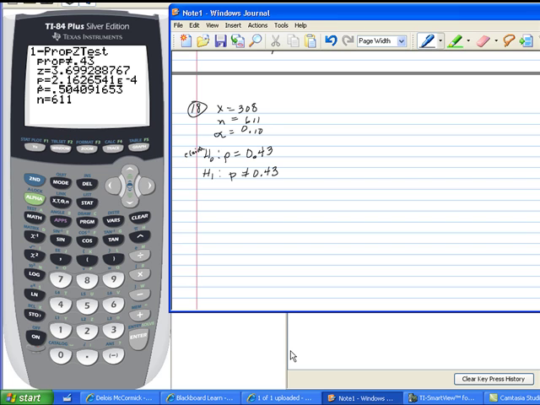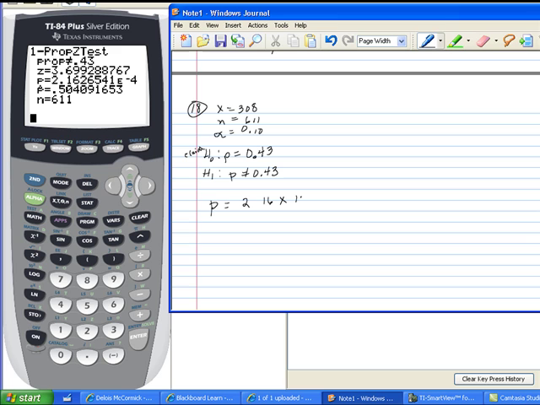P though is 2.16 times 10 to the negative 4, so that's 0.000216. That is our p-value.